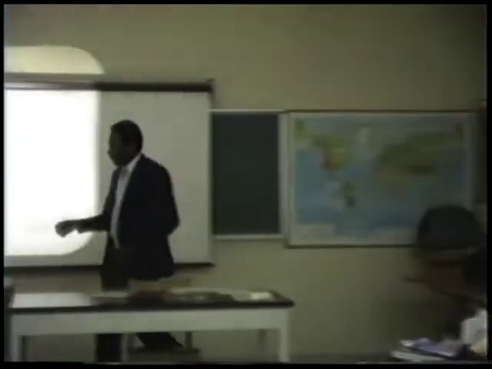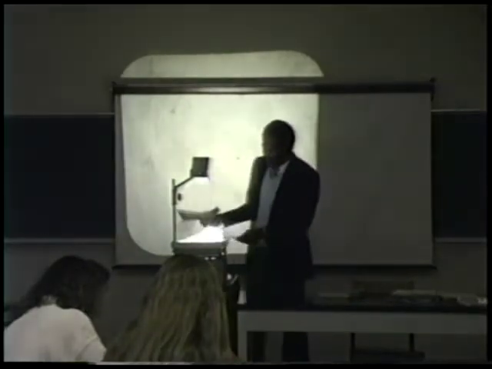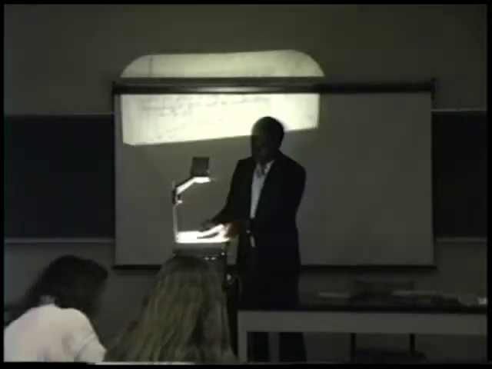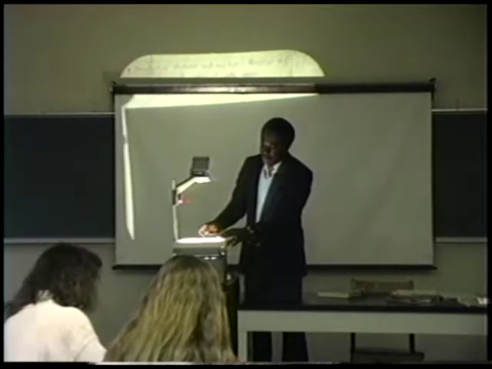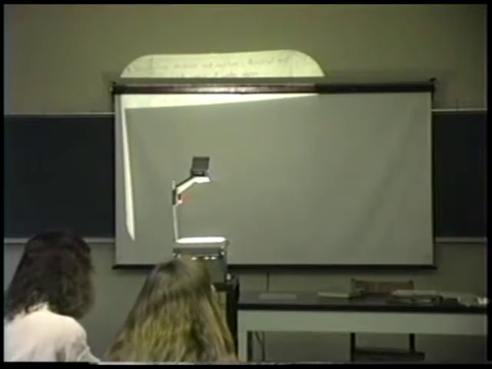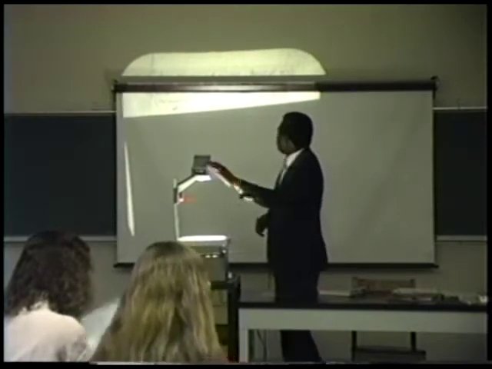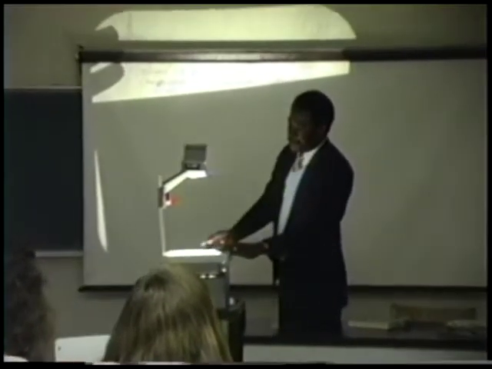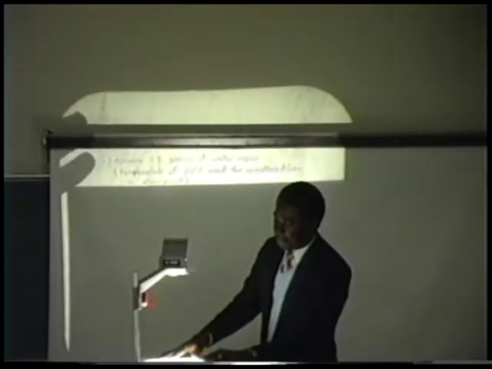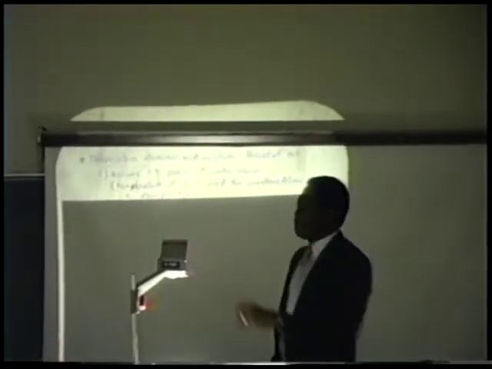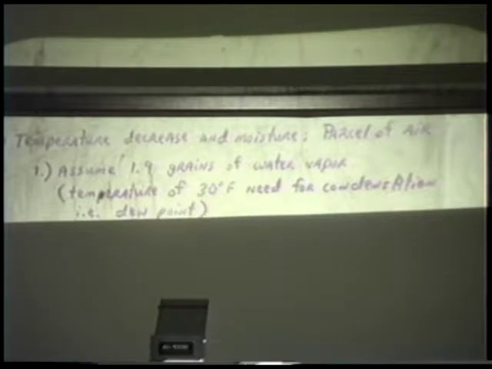Now, secondly, let's consider the fact that the atmosphere, say that is heated to a certain temperature, has a certain amount of water vapor in it. Let's assume that the air that is heated to 60 degrees Fahrenheit has 1.9 grains of water vapor in it.